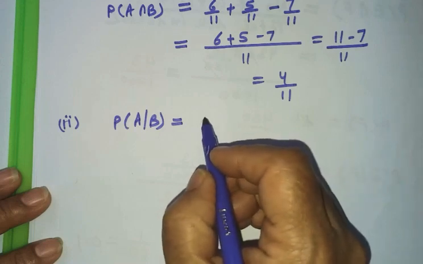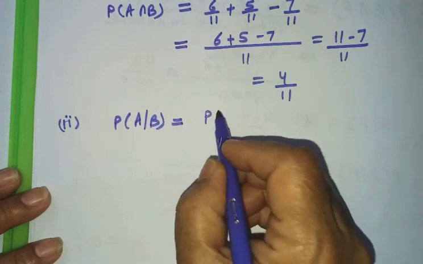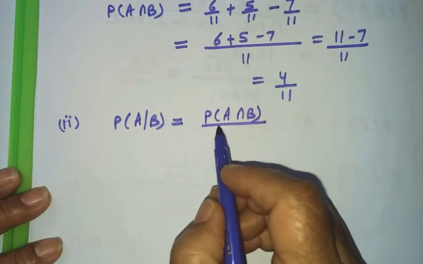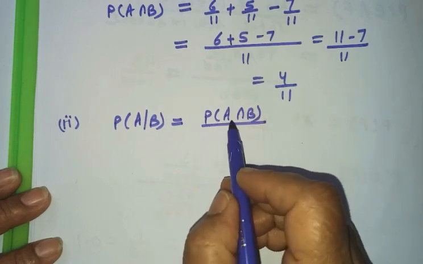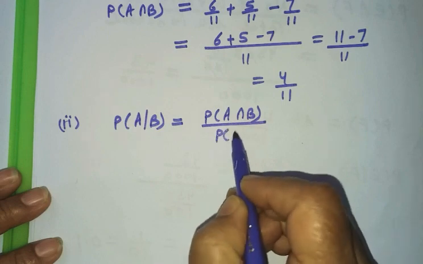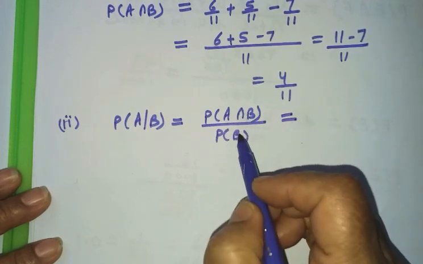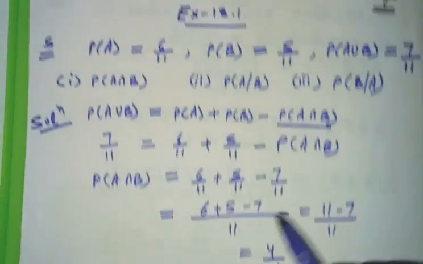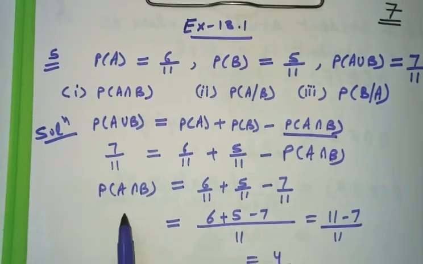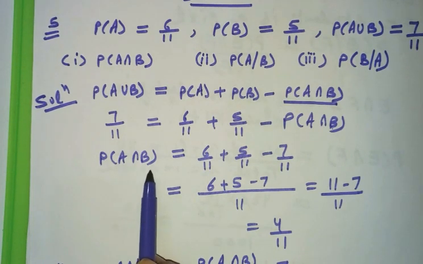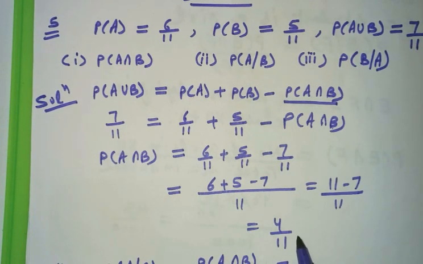So right now we revised the definition of conditional probability, and according to that, the conditional probability of A by B will be equal to the probability of A intersection B divided by the probability of B, and both the quantities are given to us in the question. We have already found in the previous part that the probability of A intersection B is 4 by 11.